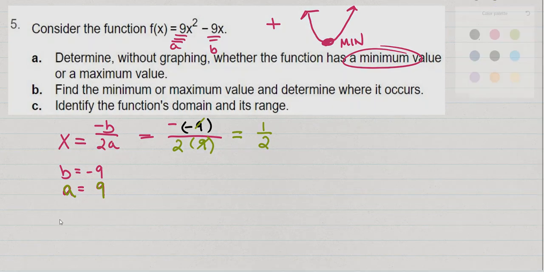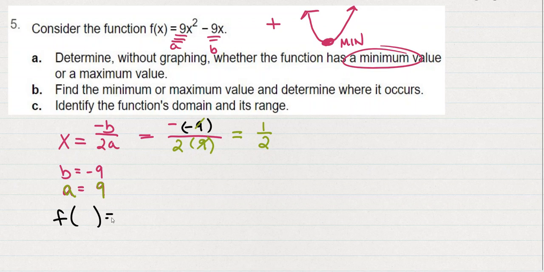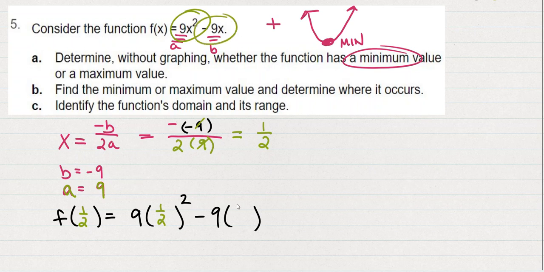I can take that x coordinate and find the y value by plugging in the 1/2. So f of 1/2 will be 9 times 1/2 squared minus 9 times 1/2. That will be 9/4 minus 9/2, and that's going to give us negative 9/4.